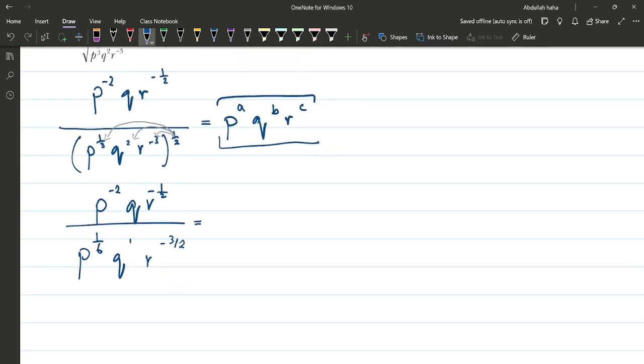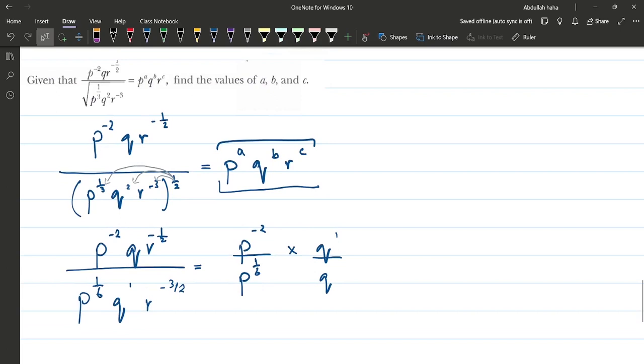Okay, so we're just going to separate these. So p to the power minus 2 over p to the power 1 over 6, times q to the power 1 over q to the power 1, and then times r to the power minus 1 over 2 over r to the power minus 3 over 2.